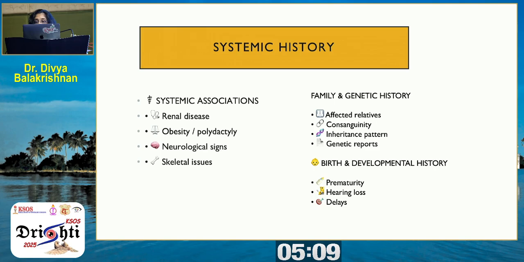Then look at the fingers and toes for polydactyly. Look for any neurological signs and skeletal anomalies, try to screen the family members also, and take a proper birth history and developmental history. The age of onset and the rate of progression from the history give you some clue regarding the IRD you are dealing with.